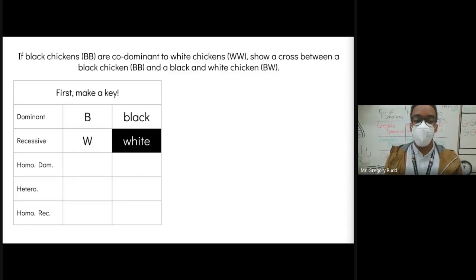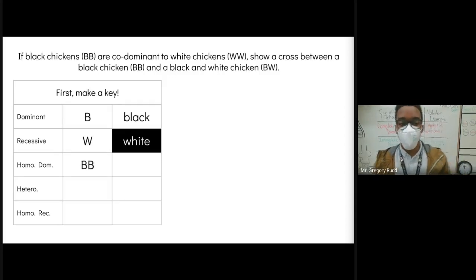Tayshawn, what is the homozygous dominant genotype? B. Remember, we always need two. BB, good. And which phenotype does that correspond to? Black, good.